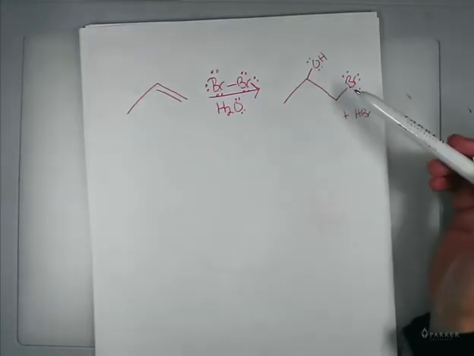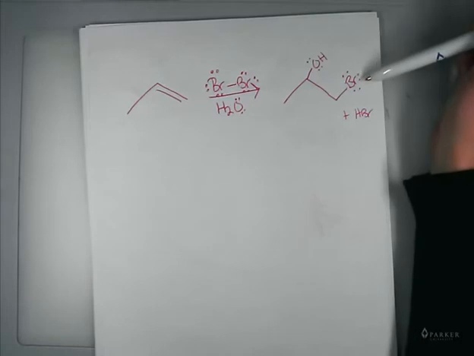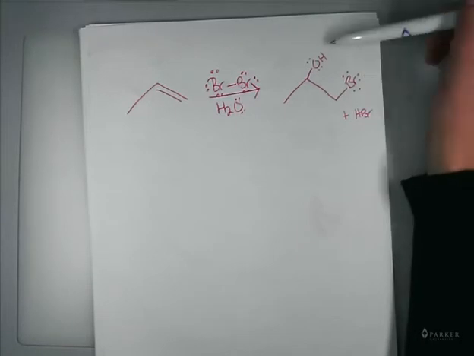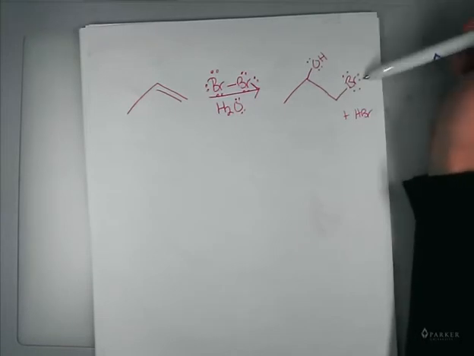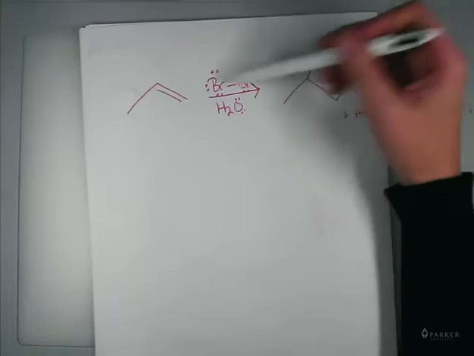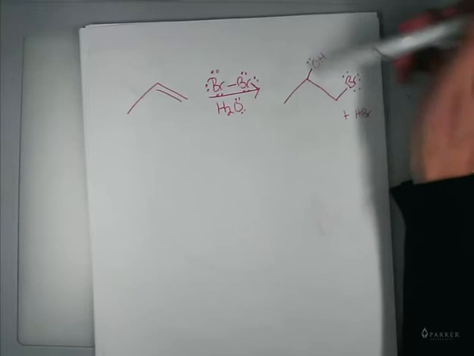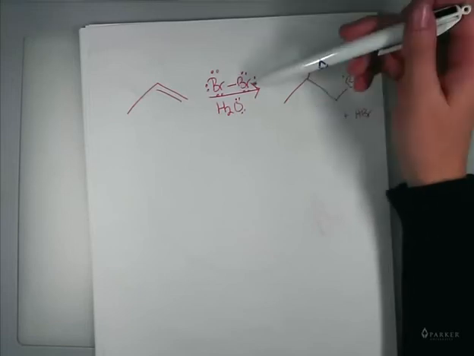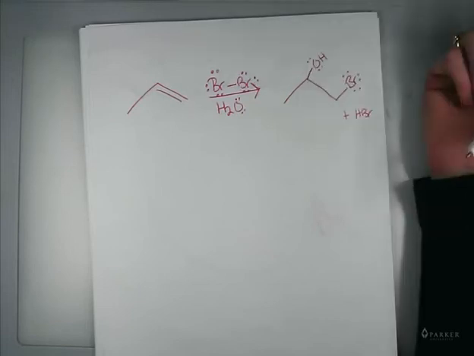Okay, let's see what we have here. Let's look at our product. We added a bromine and an alcohol on here. Where did the bromine come from? The Br2. And where did the alcohol come from? The water.